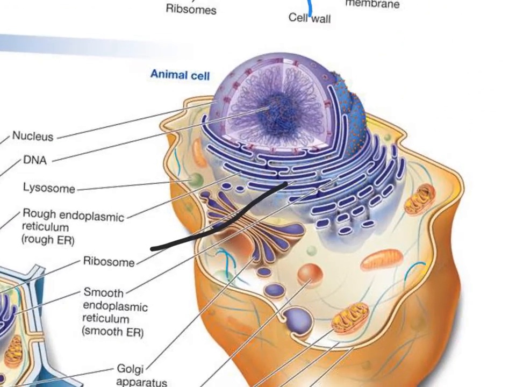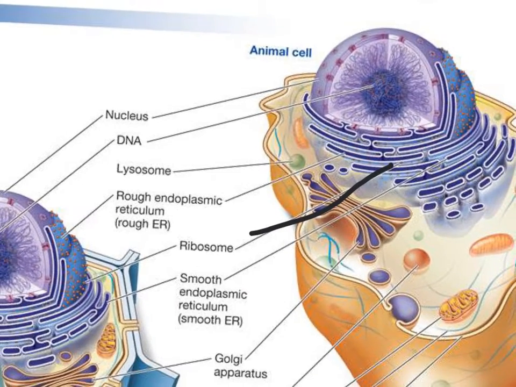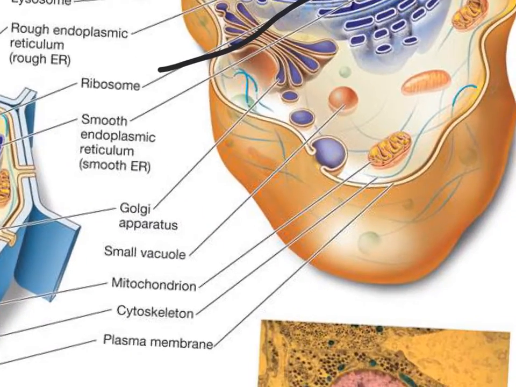And then there's all this other stuff that's going on. You don't have to really know much about it: rough ER, smooth ER, Golgi apparatus, and all that. Most of it has to do with modifying the protein after it's made.